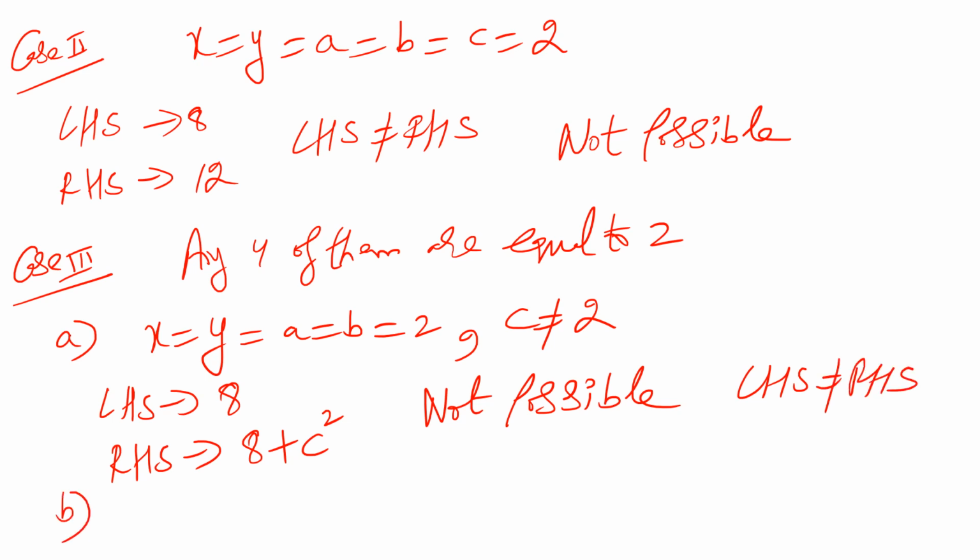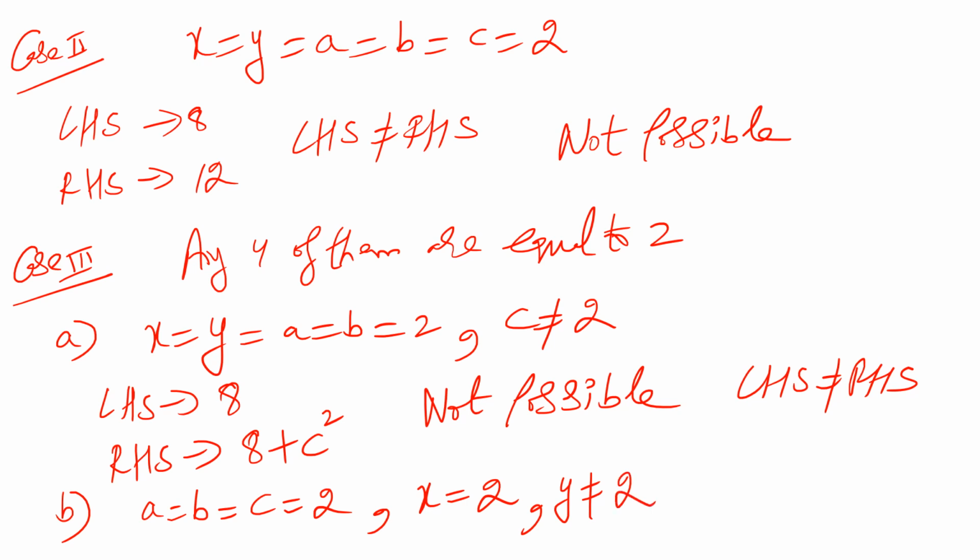Now the second subcase of this particular case is I am taking a, b, c, all of them equal to 2 and one among x and y as 2. You may take x as 2 or y as 2, but the second one should not be equal to 2.